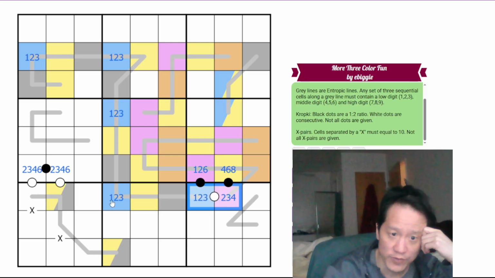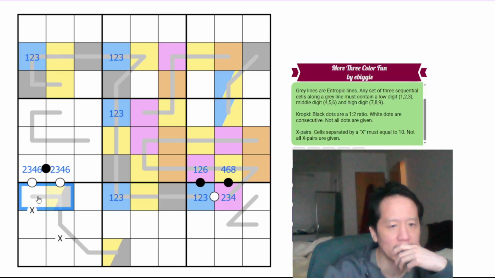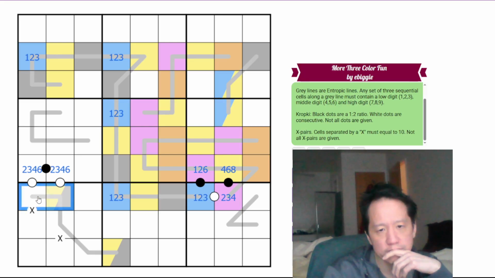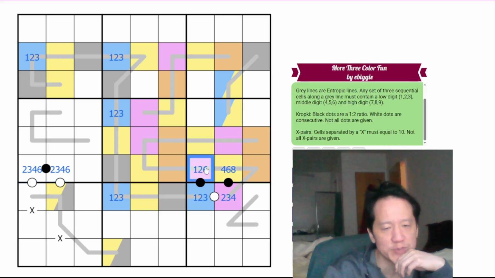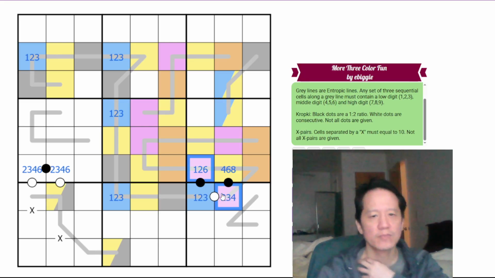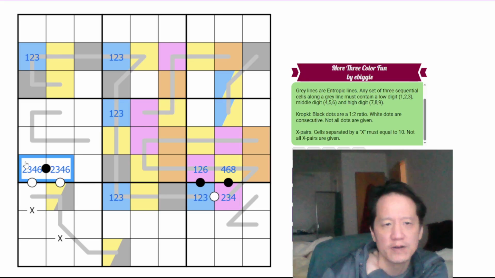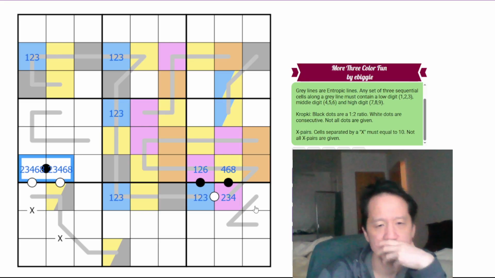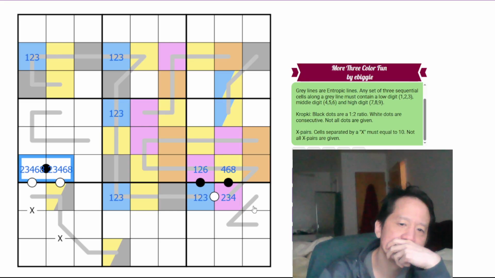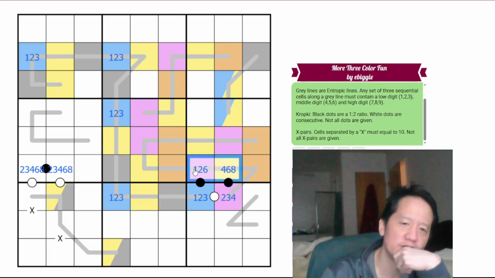So then all of these are low. Then this has to be middle and high here. And if this is 4, 8, that forces this to be 6, which means this is low and low. But those are all scenarios that don't preclude anything, right?